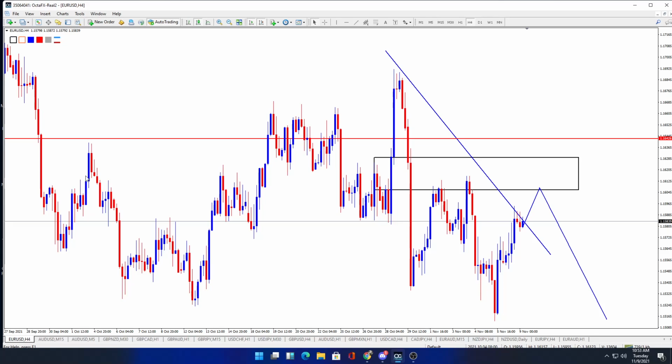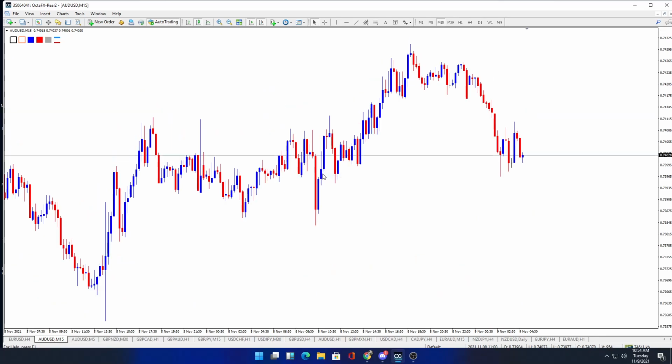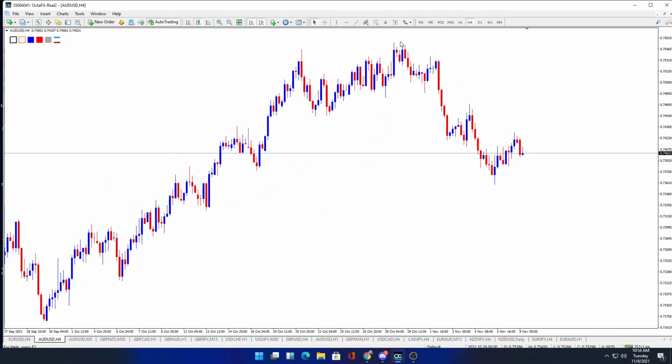So we're gonna look at AUDUSD. Okay, AUDUSD, what do we have on AUDUSD. So we look for a sell position. So this is a sell position.